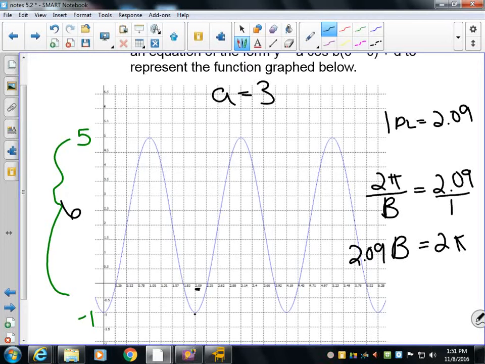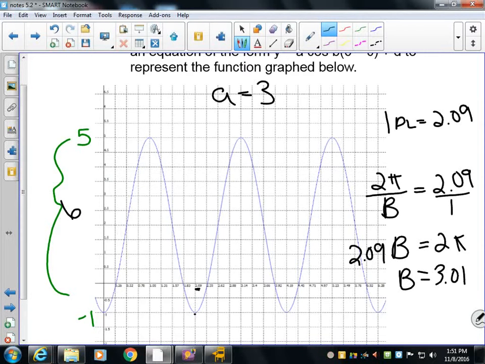So if we divide by 2.09, I don't know what 2 pi divided by 2.09 is. I'd go 2 times pi, divided by 2.09. What do we get? 3.01. So that's what the b value should be. So we have an a and we have a b value.